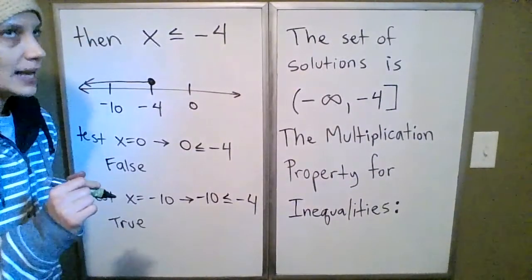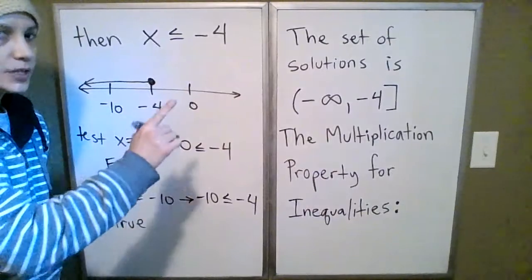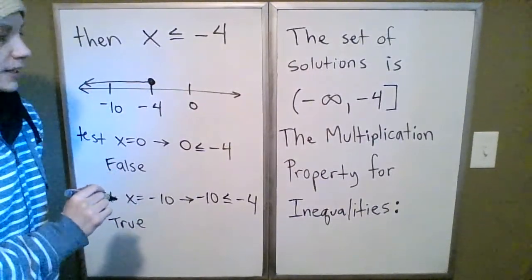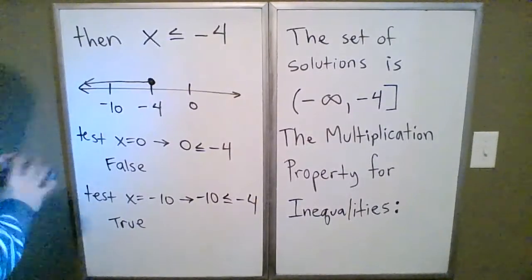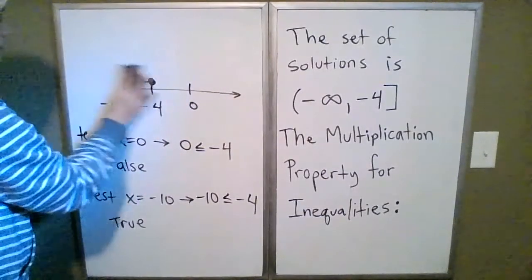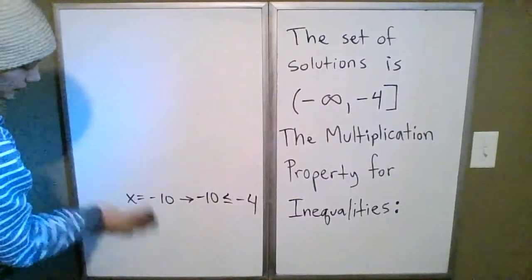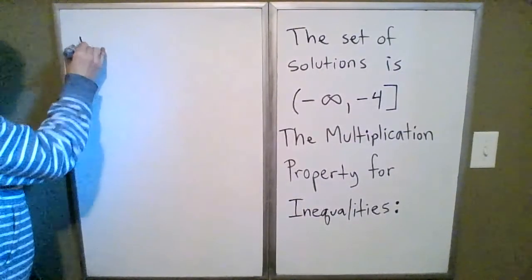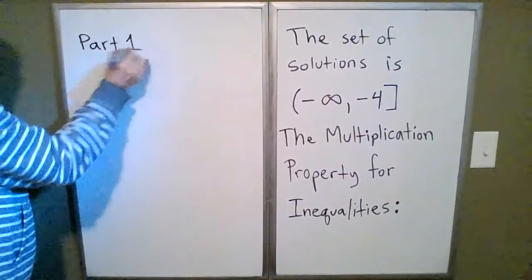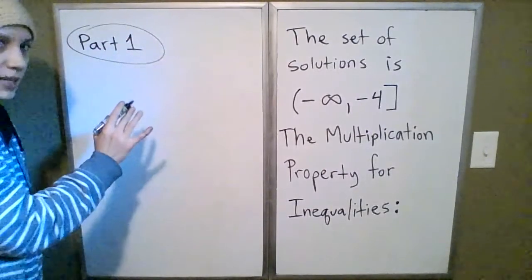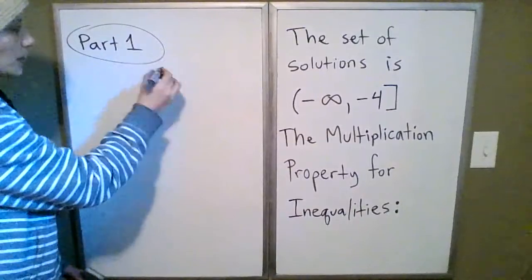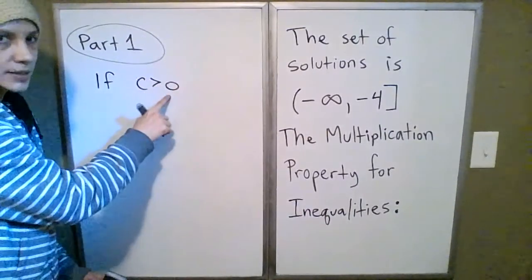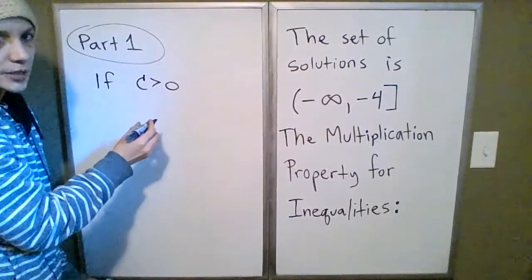This has two parts. The first part I already kind of used, and it's when you multiply or divide by positive numbers. So let's split this up. Part one. If C is greater than 0. So C is a positive number or positive algebraic expression.